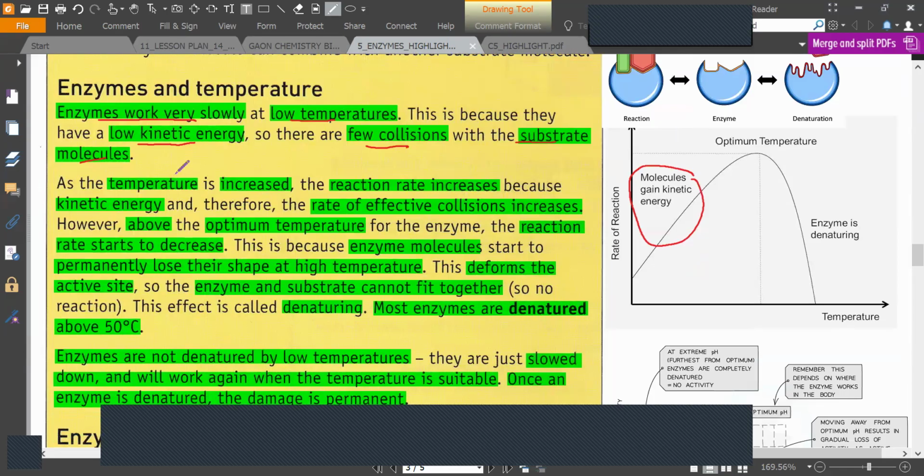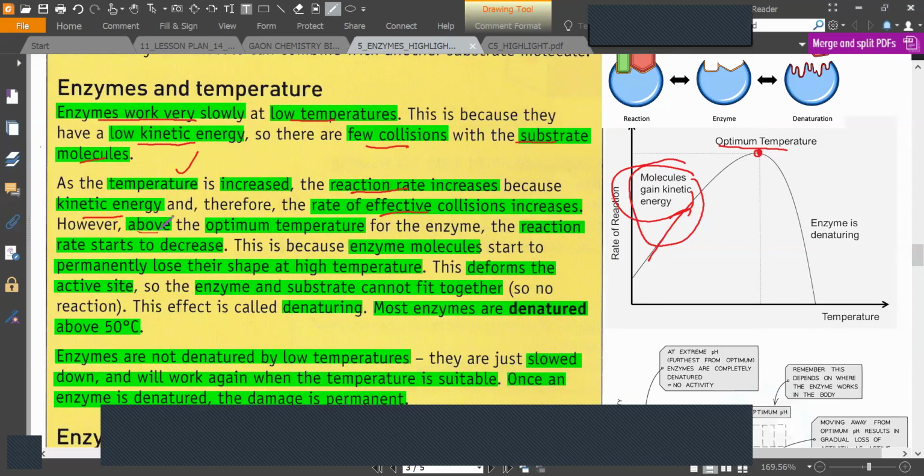As we increase the temperature, the rate of reaction will increase because molecules are getting more kinetic energy. So the rate of effective collision will increase until the optimum temperature, where we have the highest rate of reaction.